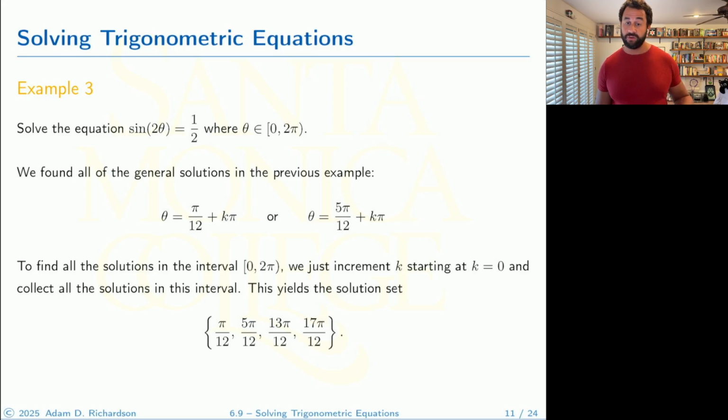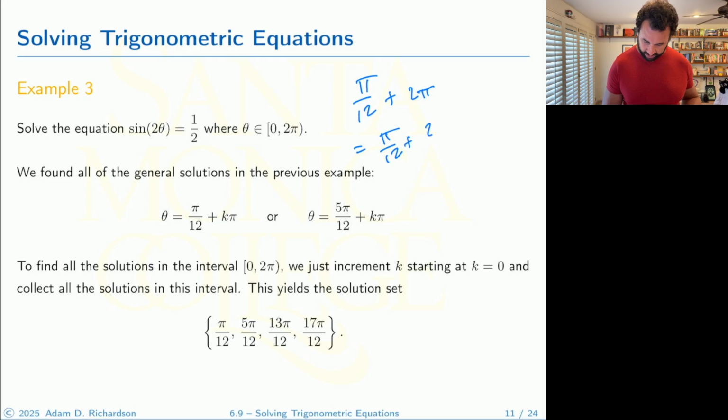Now we might have to go further. So if we increment k again, to 2, what do we get? Let's work that one out together. Pi over 12 plus 2 pi is equal to pi over 12 plus 24 pi over 12, just finding a common denominator. That's going to be 25 pi over 12.